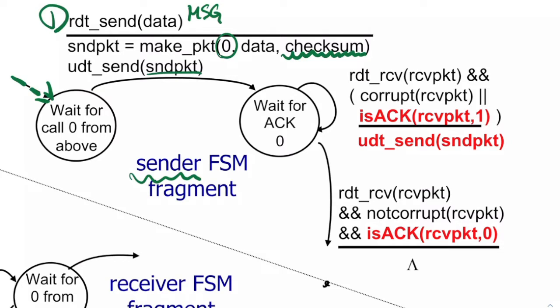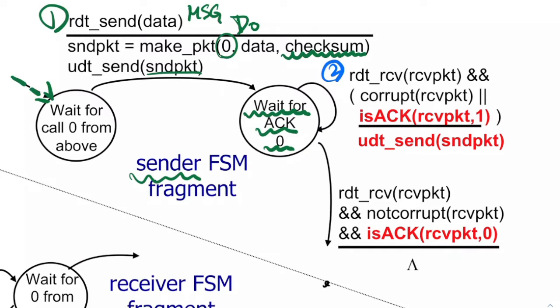After that, we arrive at the next state, which is wait for ACK0, because currently we send data 0. We send D0 to the receiver. Okay, so that is step number 2.